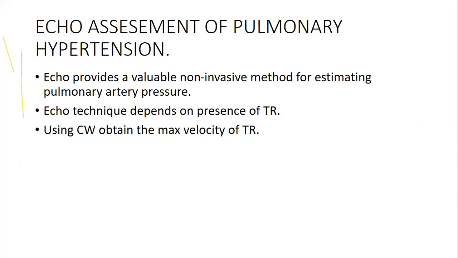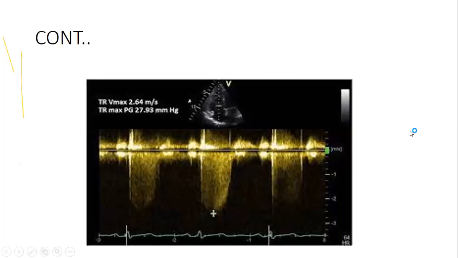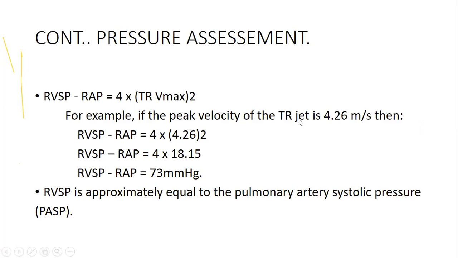The technique depends on the presence of TR. I've already explained this. This one, I was just trying to give an example of how you can look at the TR.